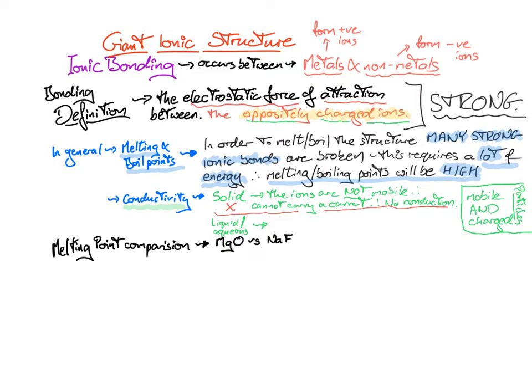Well, in a liquid or an aqueous ionic substance, ions are both mobile because they can move around, and charged because they are ions, therefore can conduct electricity. They can carry a current. So solid ionics, no, they don't conduct. Liquid or aqueous, yes, they can. Why?